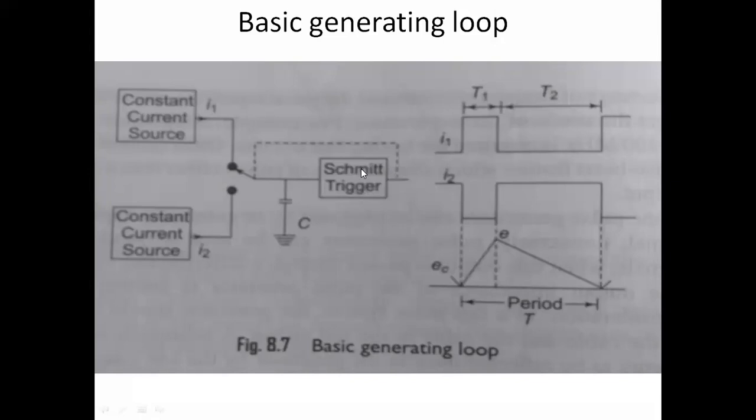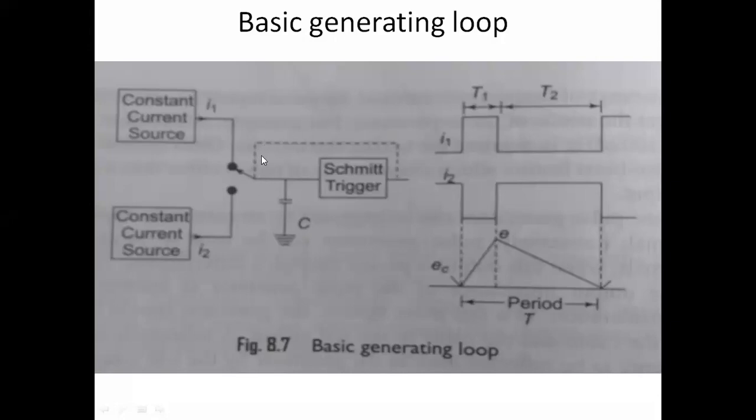In the Schmitt trigger there are some arrangements. Up to a certain limiting maximum value, and after the voltage across the capacitor reaches a particular maximum level, the Schmitt trigger changes its output.